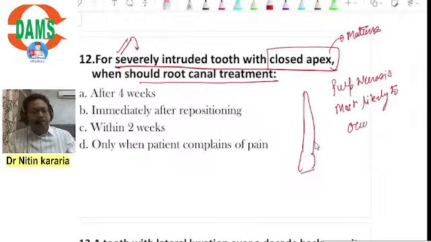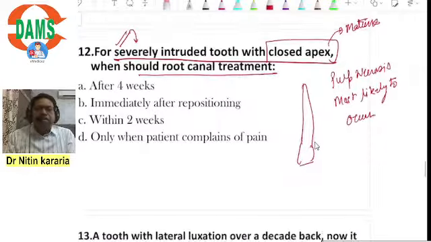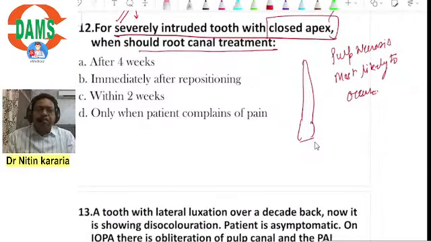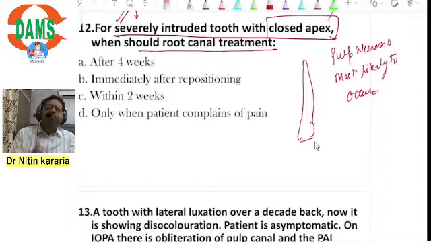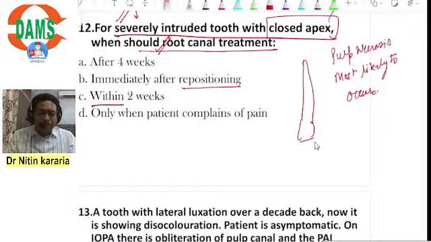Such a tooth is not likely to survive, in the sense the pulp is not likely to remain healthy because of the severe intrusion of the tooth. The pulp necrosis is most likely, and whenever the pulp necrosis occurs, we have to do root canal treatment. Now when should the root canal treatment be done? After 4 weeks, immediately after repositioning of the tooth, within 2 weeks, or only when the patient complains of pain.